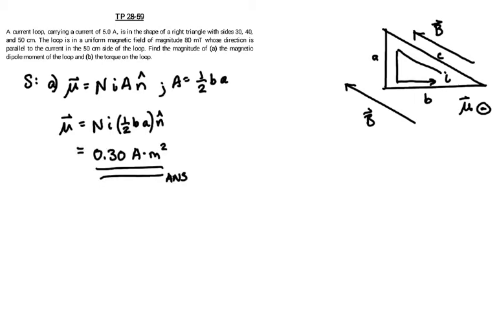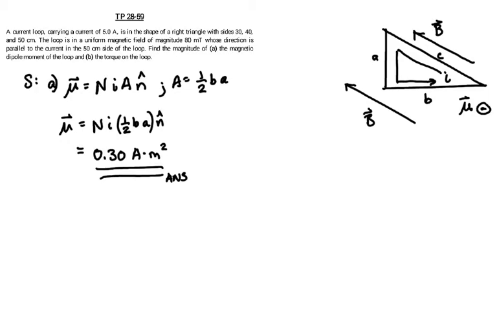All right, so first of all, we had to figure out what the area of our triangle was, and hopefully you remember your middle school or high school experience in algebra and geometry, and the area of that triangle is just 1/2 times the base times the height, and in this case we have B and A. As we put that formula into our magnetic dipole moment equation, we then put in our given values and we get 0.30 amp meters squared.